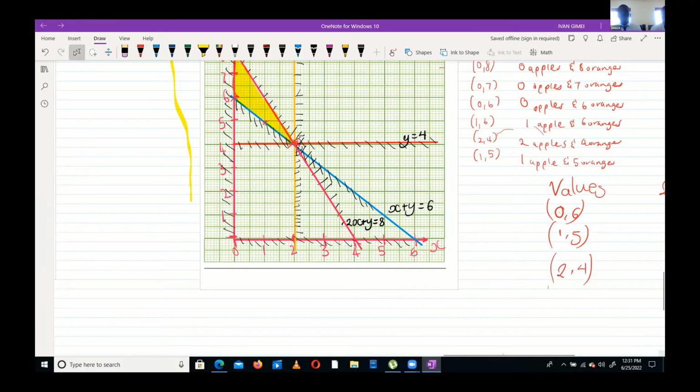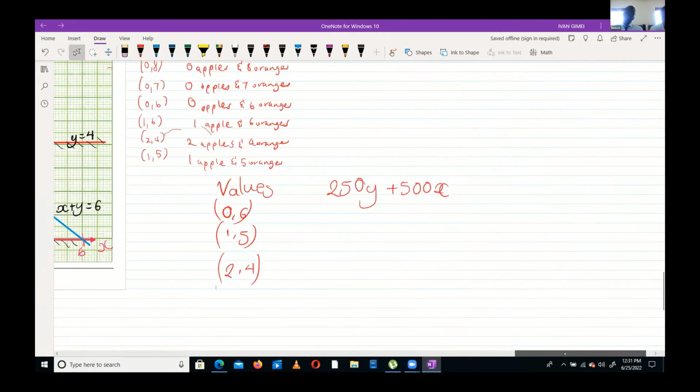We are minimizing expenditure. So now we substitute these coordinates, these values that we got, into our objective function to see which one gives us the lowest amount of money she can spend. And that will be the number of apples and oranges that Judith needs to buy to minimize her expenditure to the least.